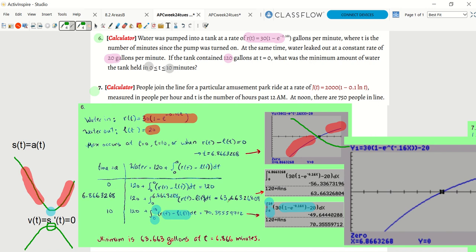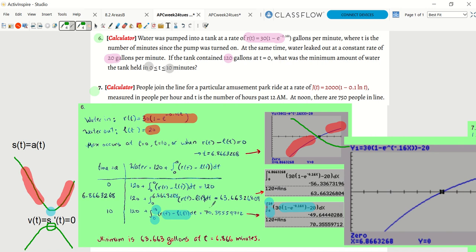Now it's asking for the minimum amount of water, so we're looking for the absolute minimum, and this is the smallest out of 120, 63, and 70.